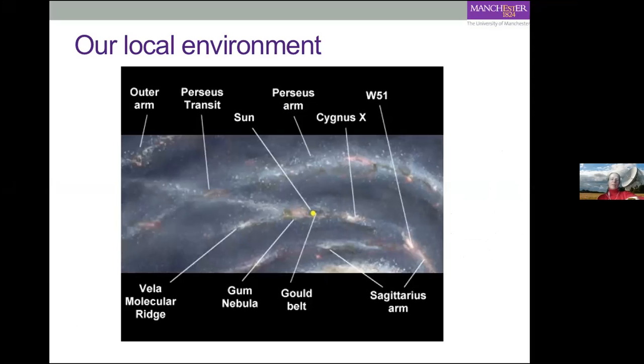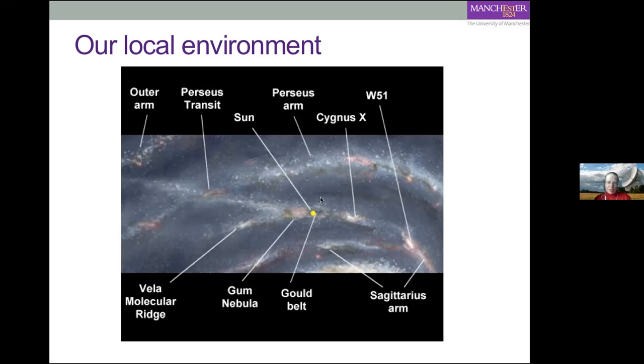So if we look specifically at where we are, I've just put up a little map here. This yellow dot is the sun. And you can see around us, we have different spiral arm features. So above this yellow dot, we have the Perseus arm. We are just a little spur off the end of the Sagittarius arm.